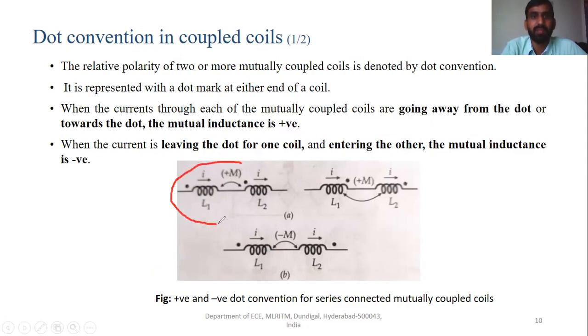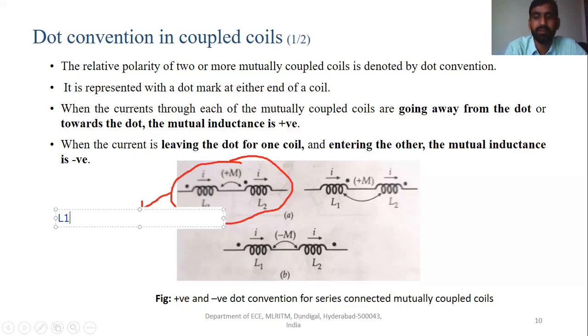As it is a series, we can write L1 plus L2 plus the mutual inductance of coil 1 that links coil 2, right?